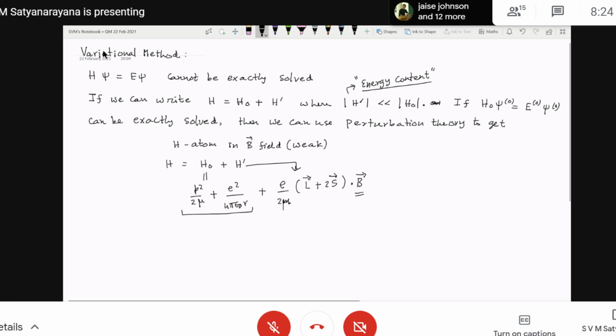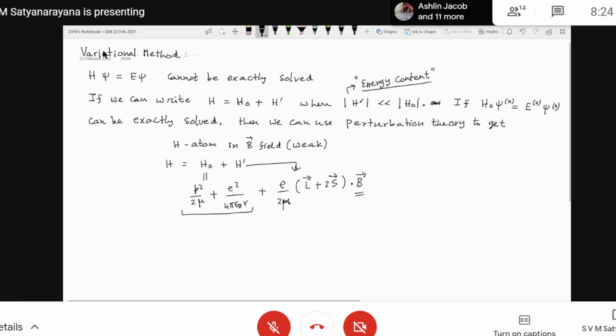That will be a different problem, so these energy levels will no longer be valid. Now you have to solve that problem, and then the electron-proton interaction may be like a perturbation to that one. So it is in that sense we must consider the energy content of these terms.